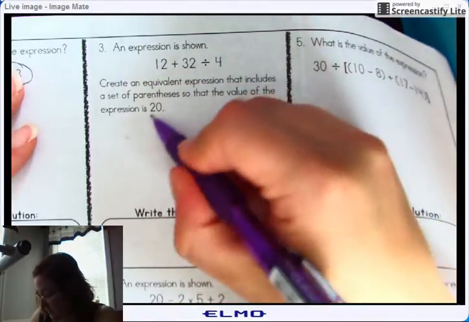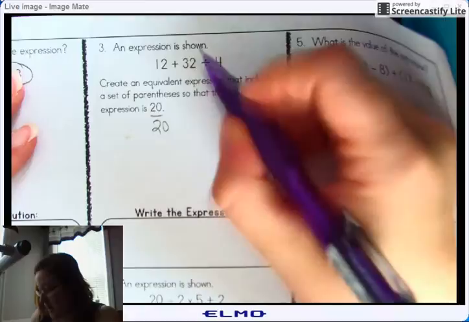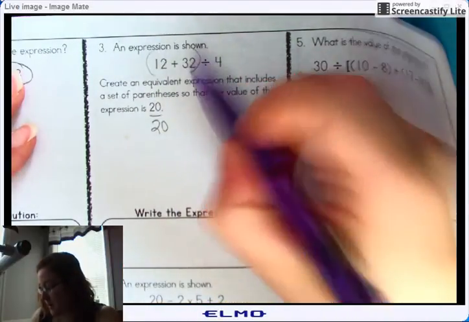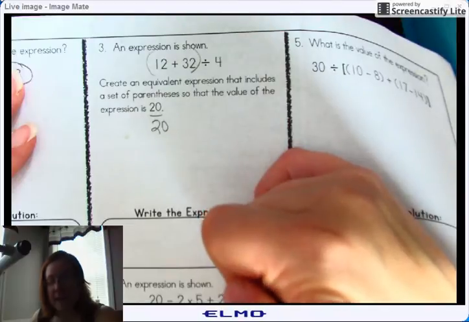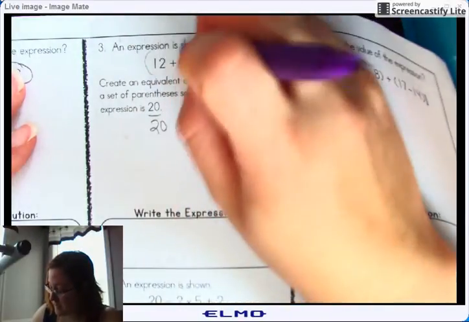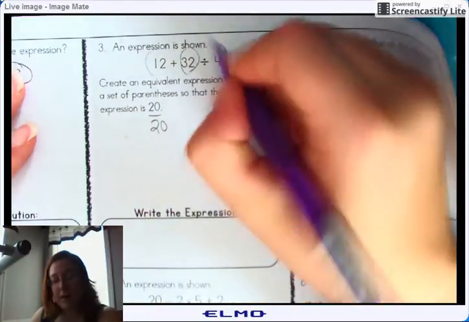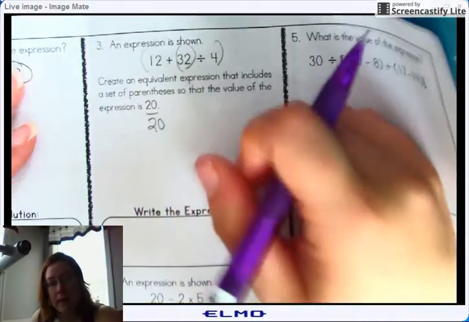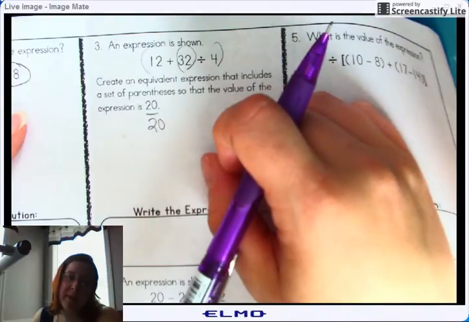So then my answer equals 20. So take a moment, think, if you put the parentheses here, what are you going to get? If you put the parentheses here and here, what are you going to get? So take a moment and write down what you think the parentheses will go into.